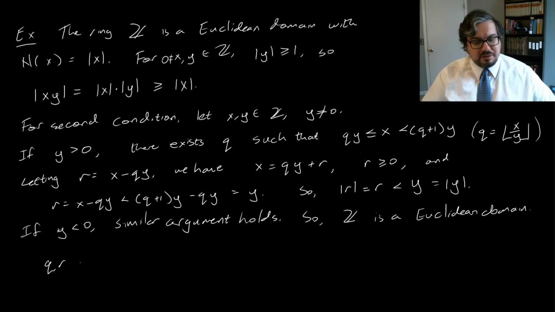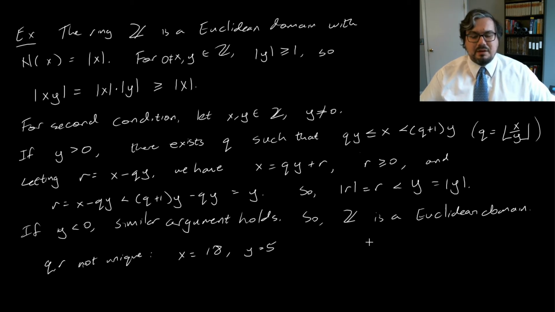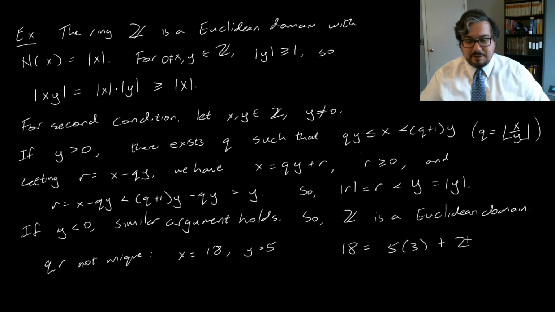So q and r are not unique. For instance, if we take x to be 18 and y to be 5, we could write down that 18 is equal to 5 times 3 plus 3, where q is 3 and r is 3.